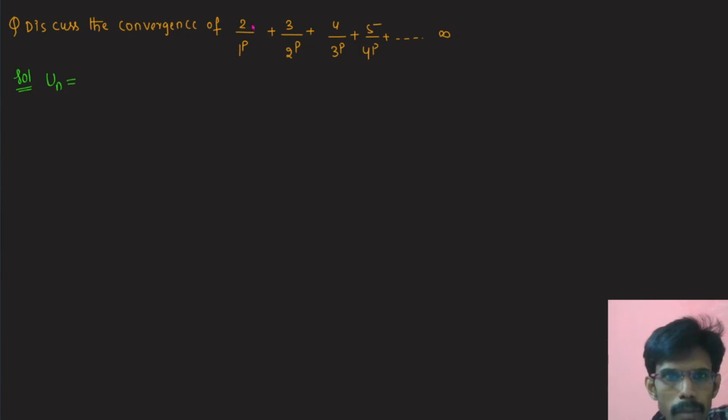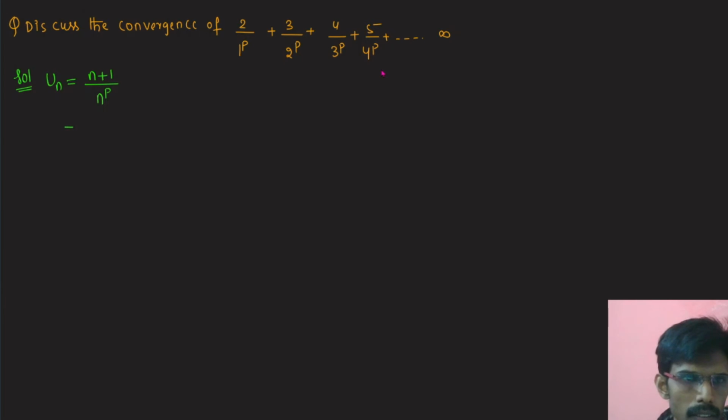Its general term will be a plus n minus 1 into d. Similarly, in the denominator we have 1 power p, 2 power p. So 1, 2, 3, 4 in the denominator are also in AP, whose general term will be n. So I can see that n plus 1 by n power p is the general term for the given series.